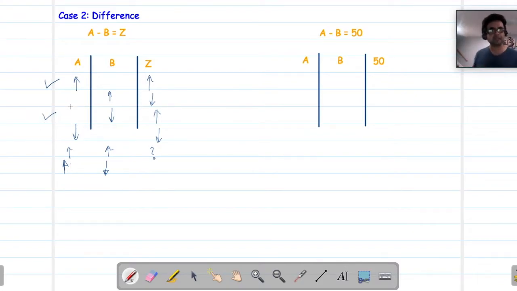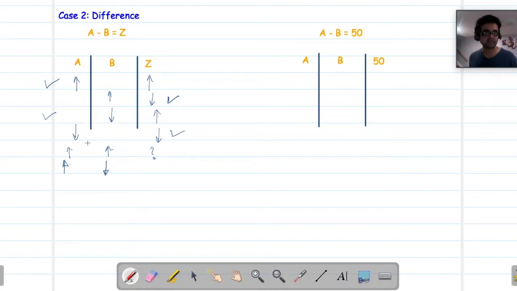If I flip it, if I want to minimize z, then I look at the cases where z is getting reduced. So if I increase b, z gets reduced. And if I decrease a, then z gets reduced also. So if I were to minimize z, I would increase b and reduce a.